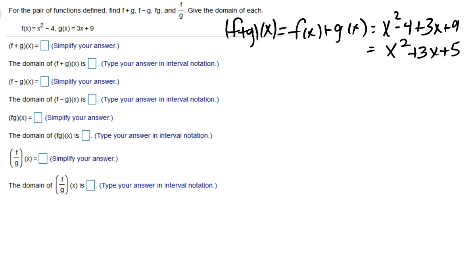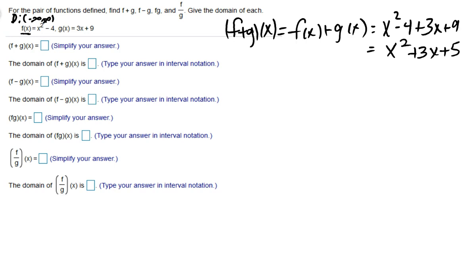So we need to go back a little bit and first think about what is the domain of these individual functions. So f is x squared minus 4, and x squared minus 4 is a polynomial function. So that's going to have a domain of -infinity to infinity.